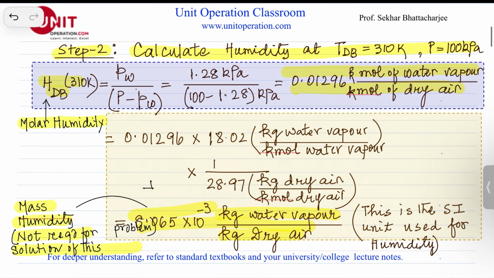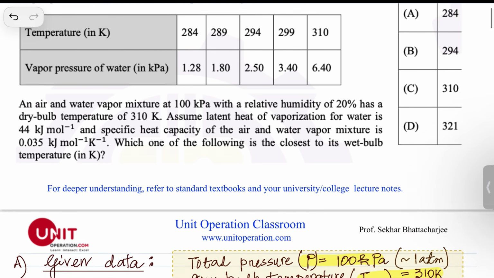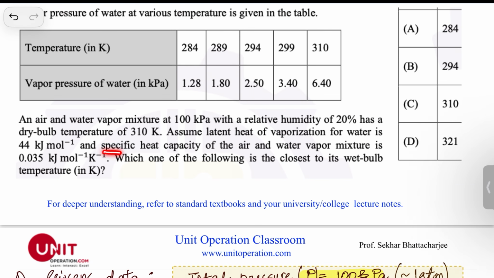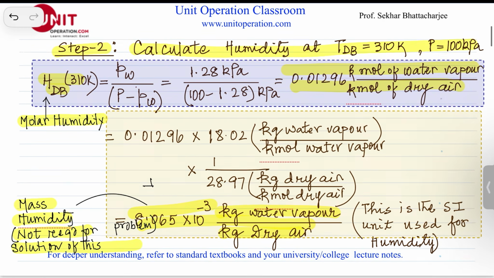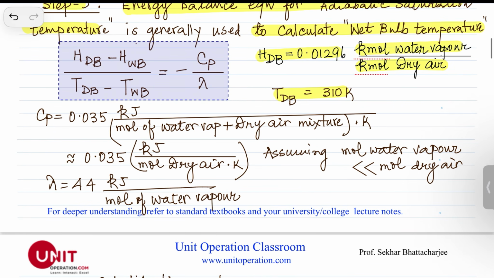Let's look at the definition here. It says the specific heat capacity of air and water vapor mixture is 0.035 kilojoule per kilomole Kelvin. So this value is 0.035 kilojoule per kilomole of water vapor and dry air mixture Kelvin.